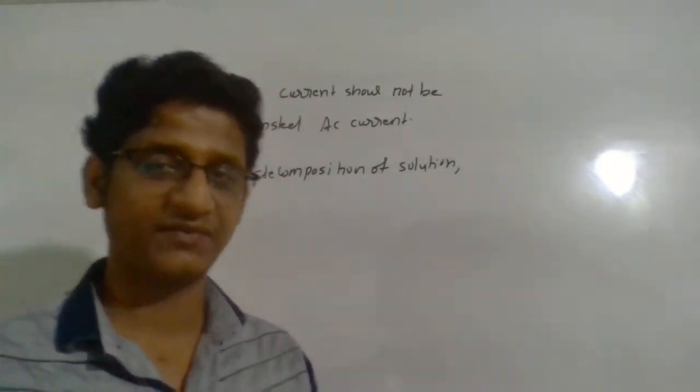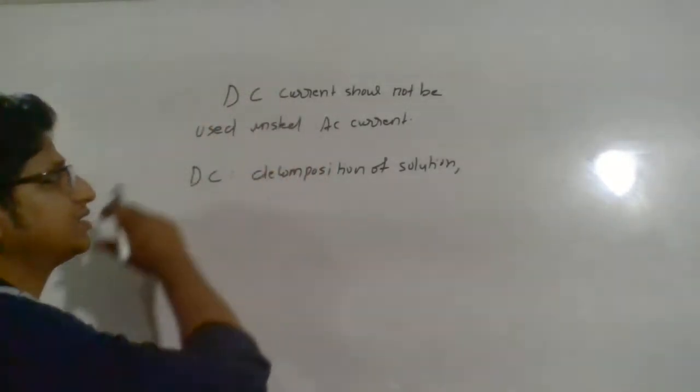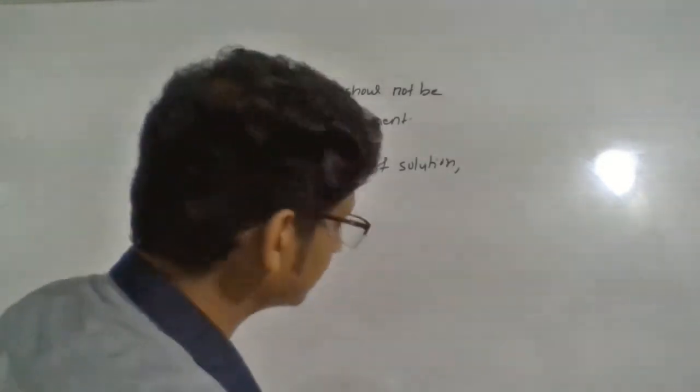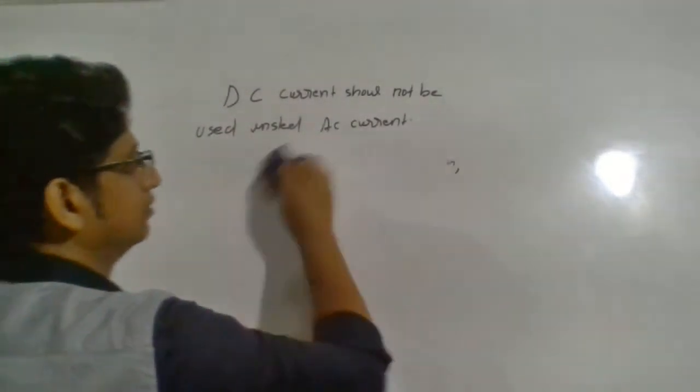So the polarization effect won't be there. Please try to understand: the current preferred is AC current, not DC current. DC current should not be used; AC current should be used.